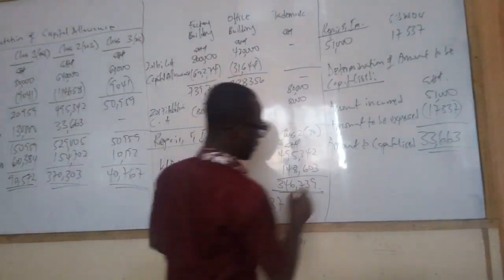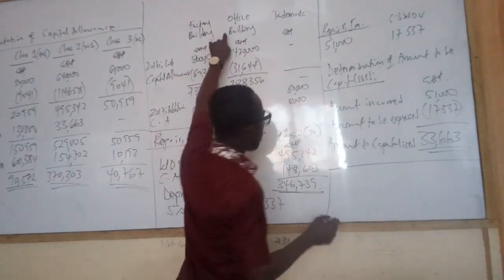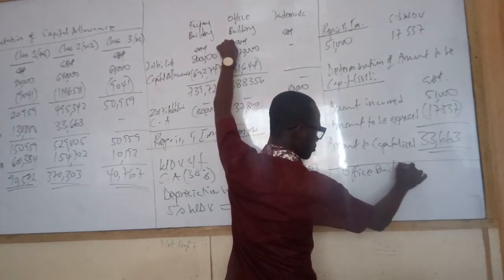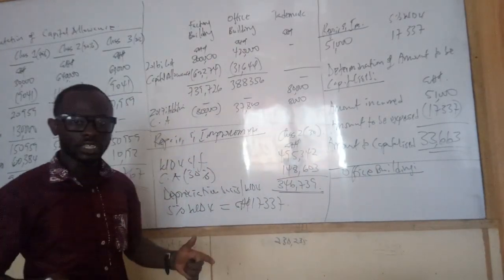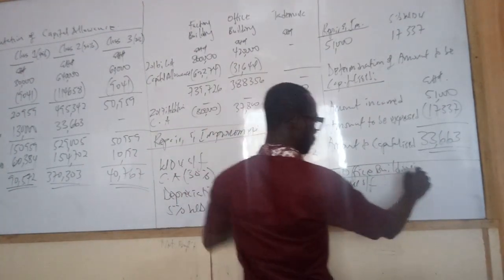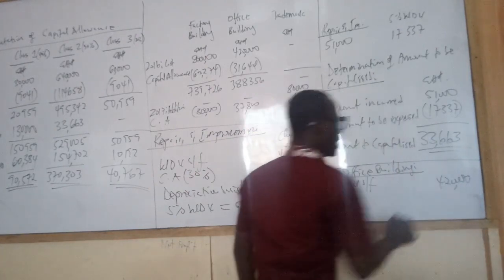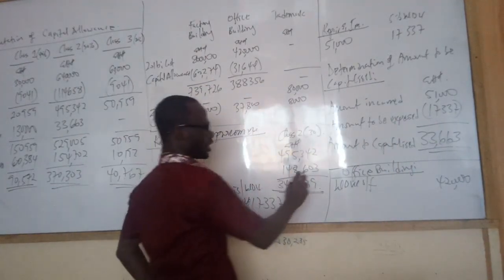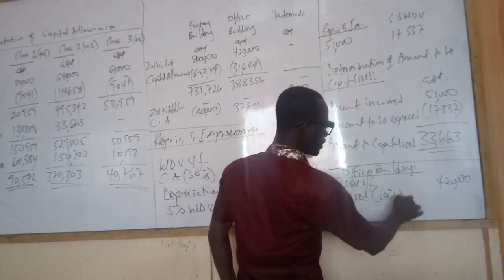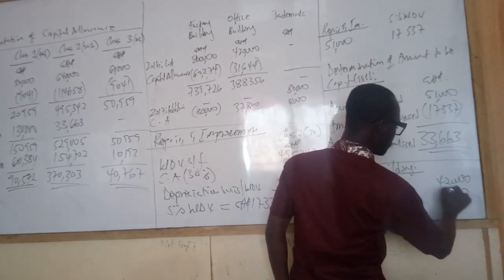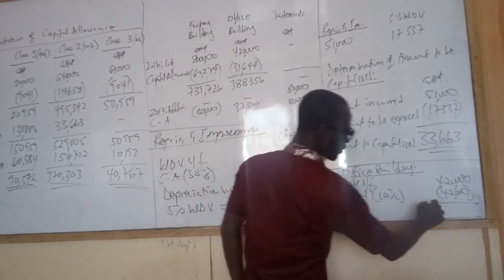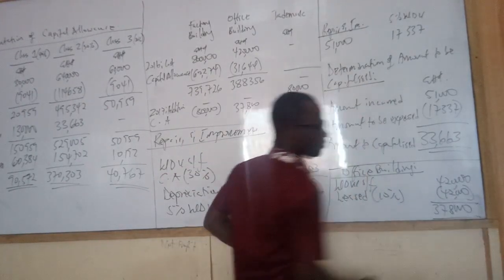Let me put it down here for you. Office equipment, office building. The office building was 420. So brought forward 420. But we have to subtract the portion that has been leased during 2017. And we are told it's 10%, so that's 42,000. So when we subtract that, the building that is left now is going to be 378,000.